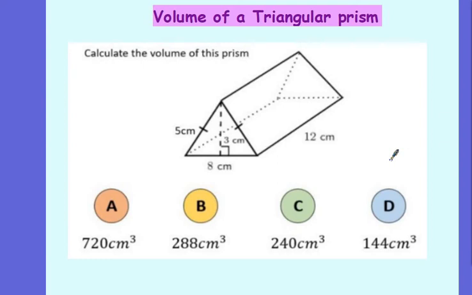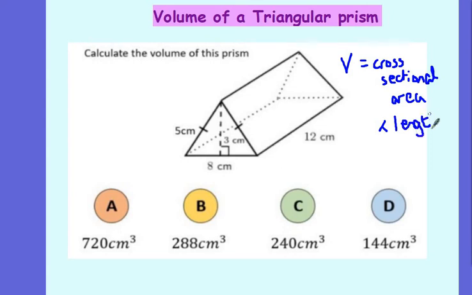Right, let's go through the answer. The volume is going to be equal to the cross-sectional area times the length. This time, my cross-sectional area is a triangle.